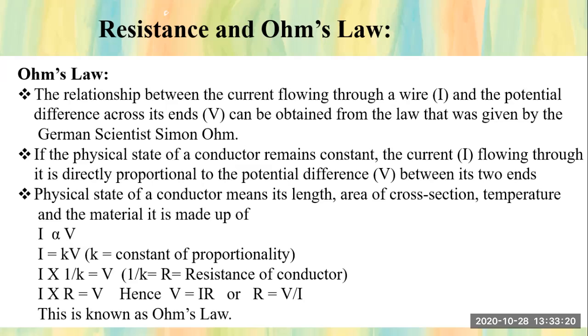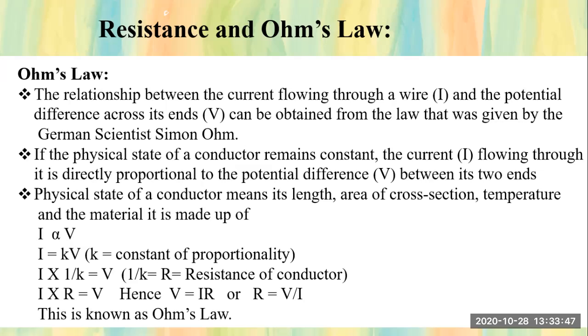Then the temperature, at which temperature that wire or the conducting material is kept, and the material, which material that conductor is made up of. So the physical state means length, area of cross section, temperature, and material which it is made up of.